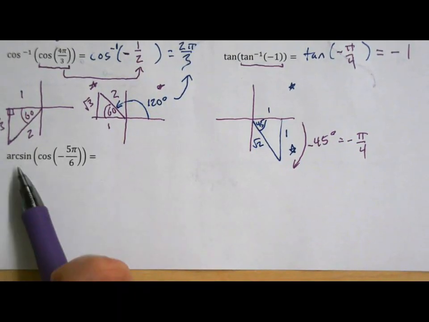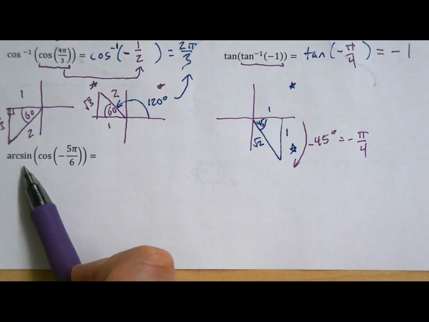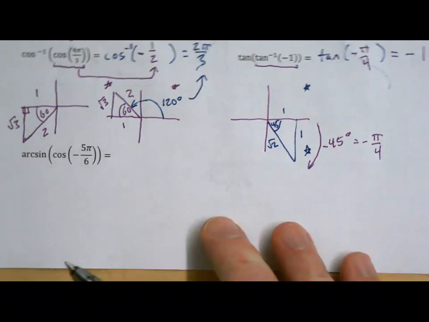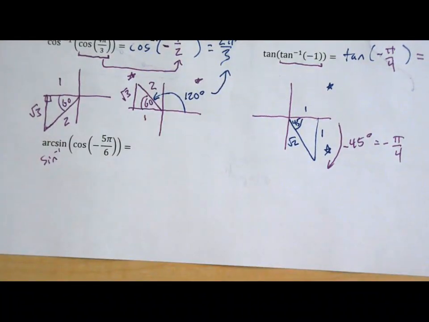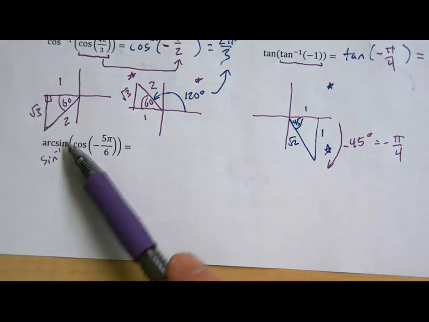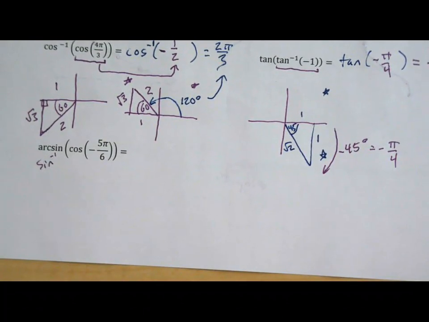Arc sine, have you seen this before? This is a more old-fashioned way of saying inverse sine. It means the same thing as sine with the little negative 1. I actually prefer this because sine with the little negative 1 makes you think that it's 1 over sine, and it is most definitely not 1 over sine.